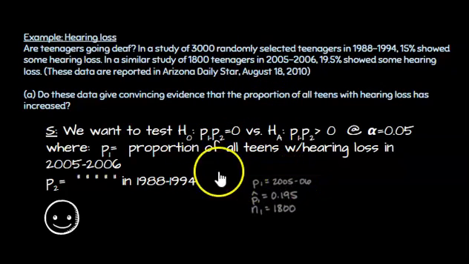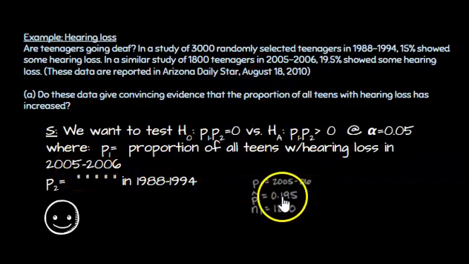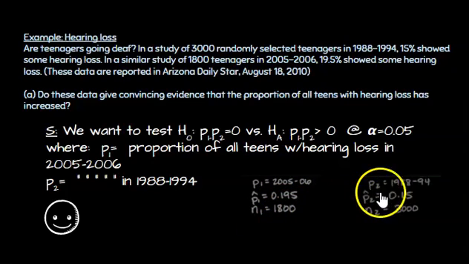What is P1? We're saying P1 is from 2005. Okay, so in my P1, I've defined it. My p-hat value is 19.5%, so 0.195, and my sample size was 1,800. Then P2 was the 88-94 group. They had 15% hearing loss and a sample size of 3,000. I need that information to move on to the plan step.